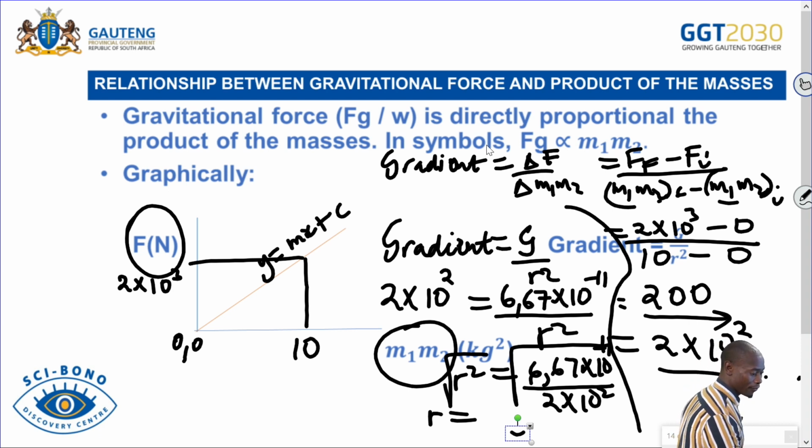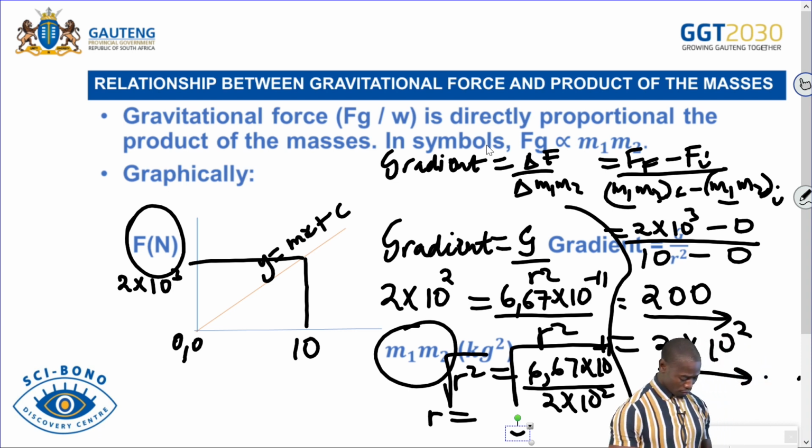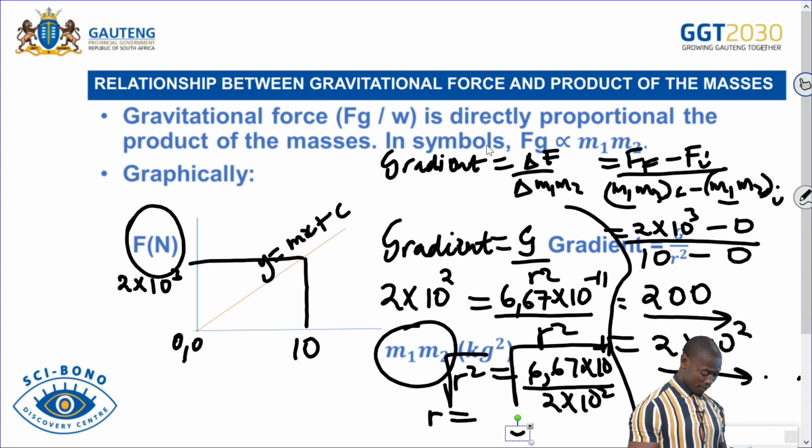the square root of 6.67 times 10 to the power negative 11, divided by 200.